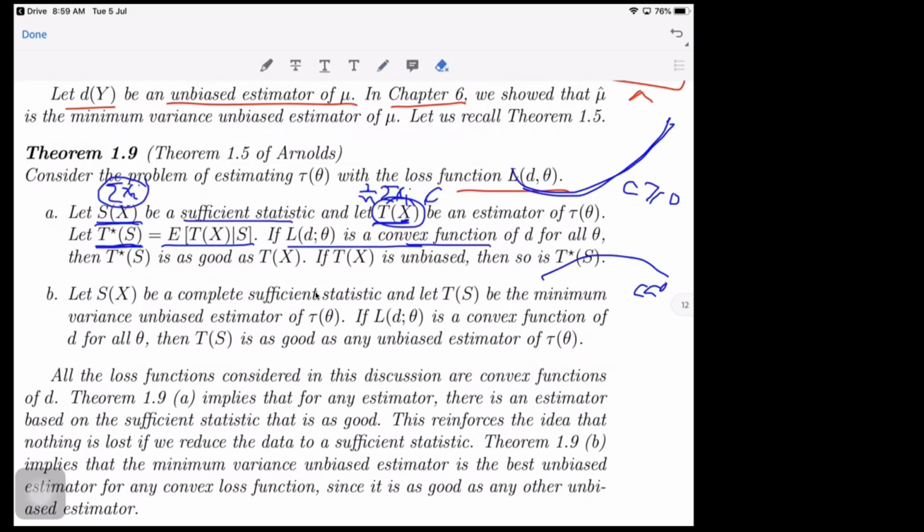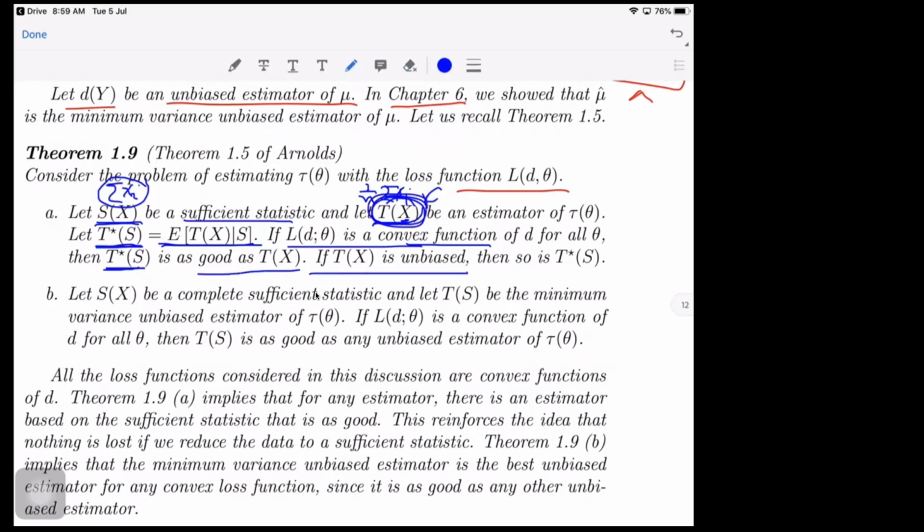So if the loss function is a convex function for all d, for all theta, then the estimator you obtained, which is the conditional expectation of your t of x given that sufficient statistic, is as good as your t of x.